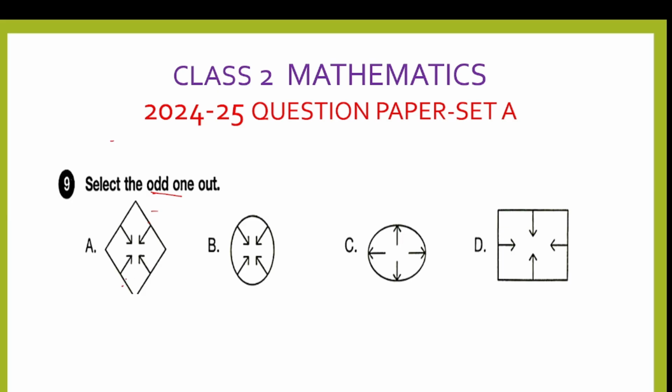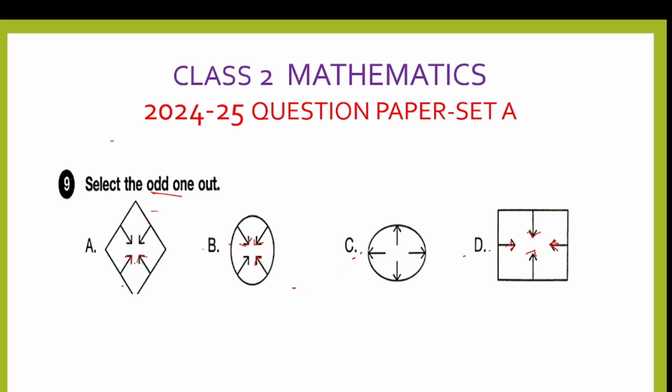odd one out. So in the first figure, if we see, there are inward arrows. Similarly in option B, all the arrows are in the inward position, and in option D again the same thing, we have inward direction arrows, right?